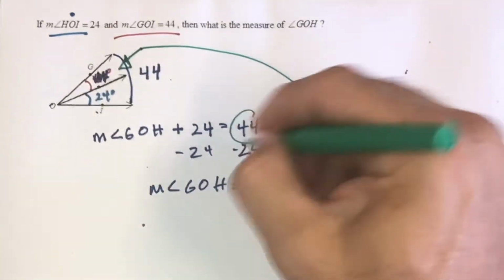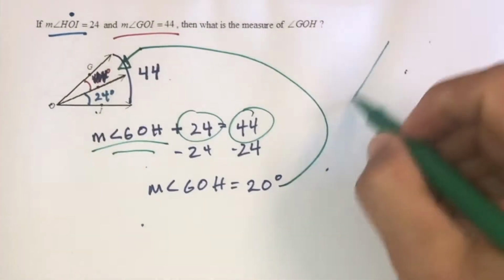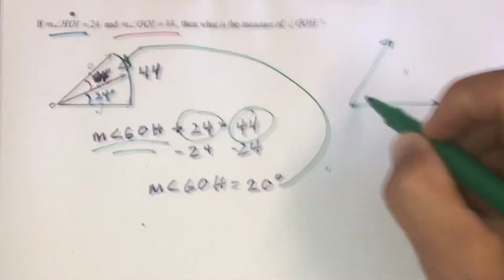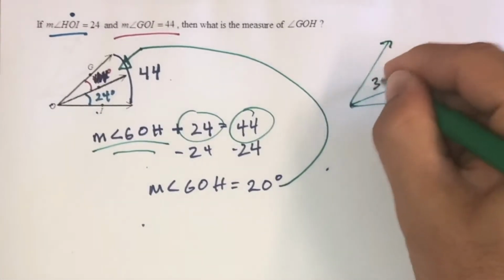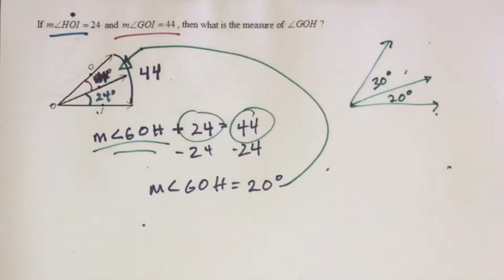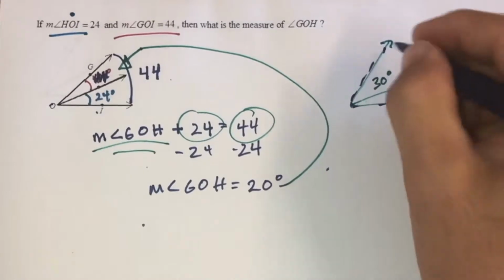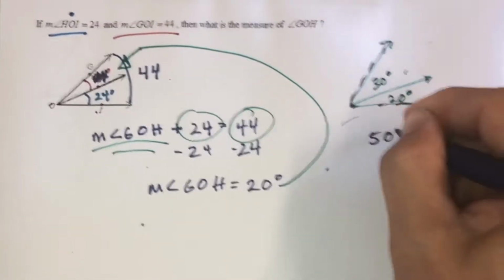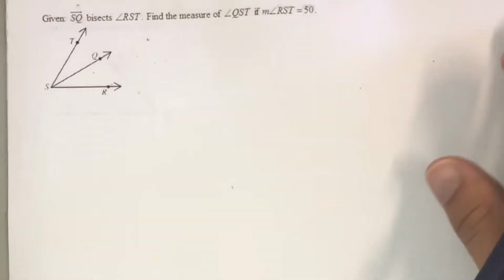In this one they gave you the large piece, a small piece, and they asked for the other small piece that made up the large piece. You may see other questions where they give you the two small pieces, and then ask for the large piece, and you just say, okay, this angle here is equal to 50 degrees.